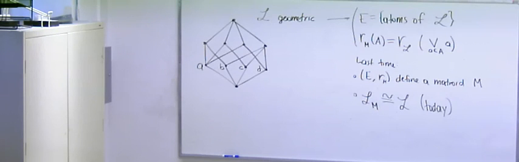Okay. So this is where we were, and this is what I'm going to do now. I'm going to show you that this map is bijective and that it respects order. So to show it's bijective, I need to go both ways.